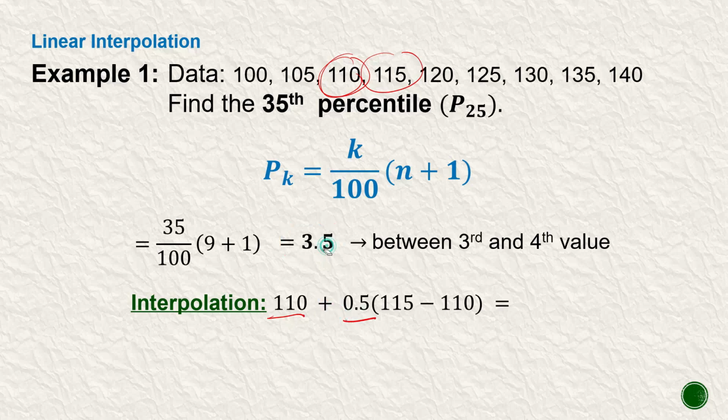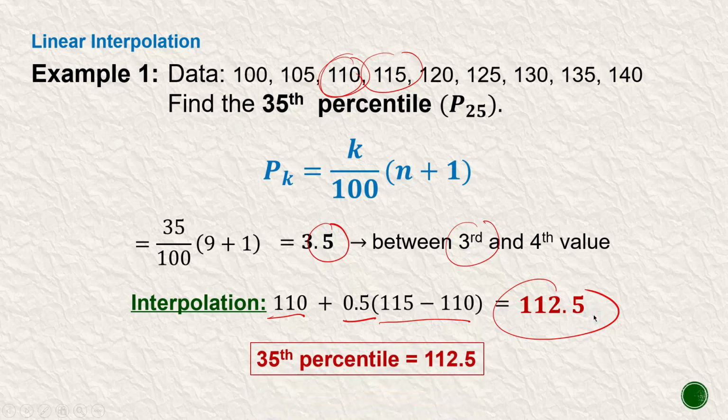Again, 110 being the third value. Plus is always part of the interpolation. That 0.5 is from the 3.5, the excess. And then we will multiply it by the fourth minus the third value, so that's 115 minus 110. So the answer is going to be 112.5. So this is the 35th percentile.